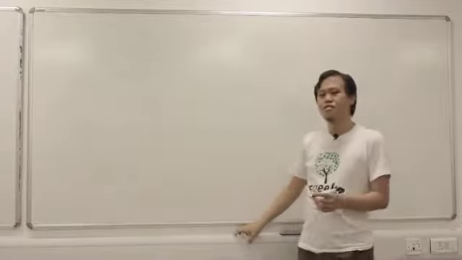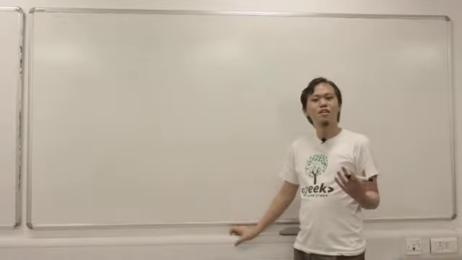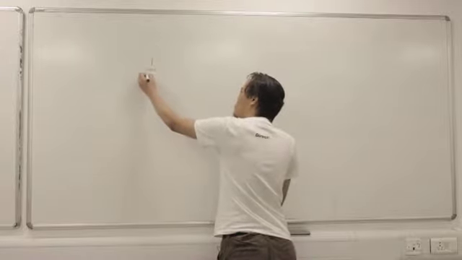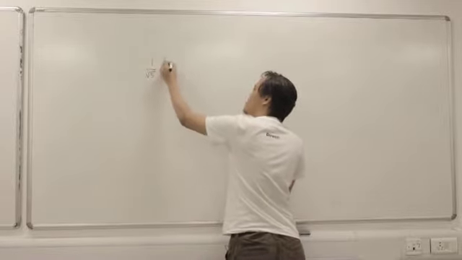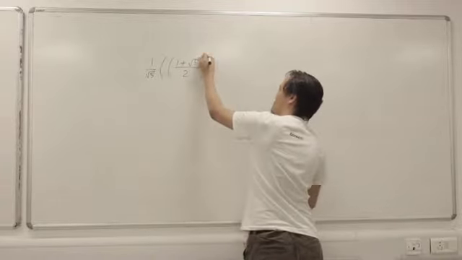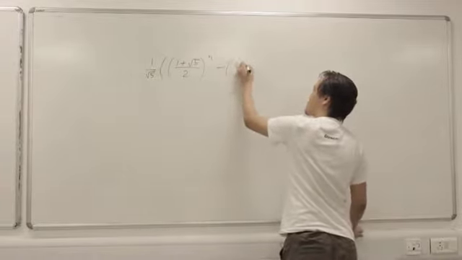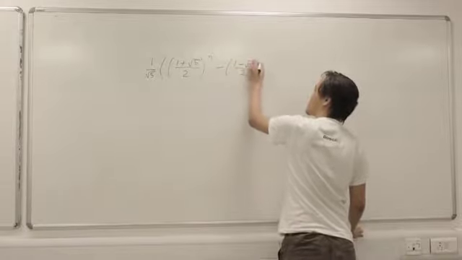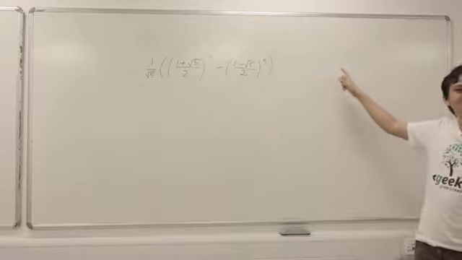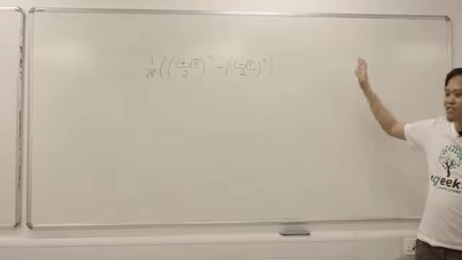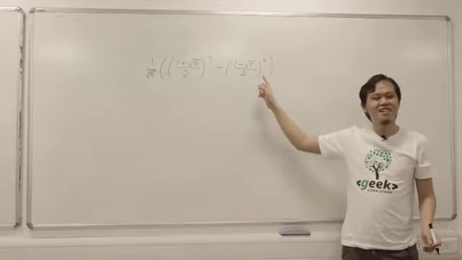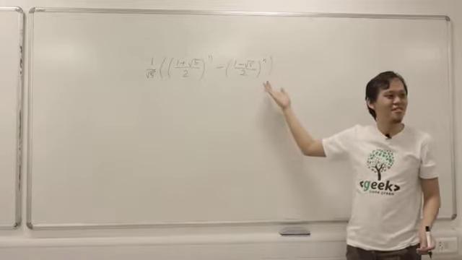For example, you probably know what Fibonacci numbers are, and you maybe have heard of this formula. So this is the formula for the nth Fibonacci number, and as you know, Fibonacci numbers are integers, but this doesn't look like a formula that outputs an integer, right?